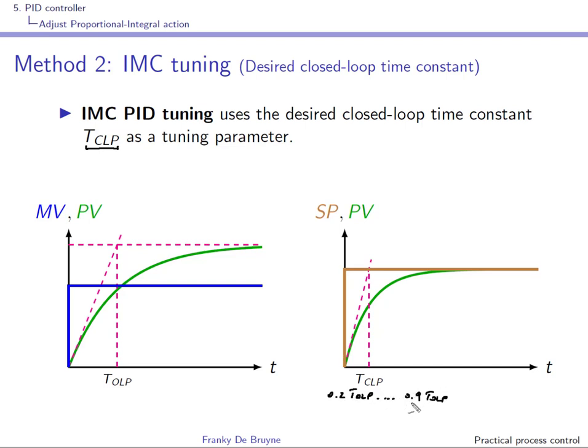Of course, this range for the closed loop time constant is only indicative, but clearly you should not take, for instance, the open loop time constant divided by 100, because this will then lead to a very aggressive control.